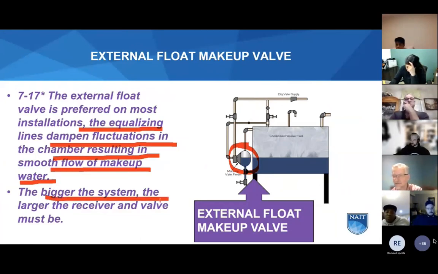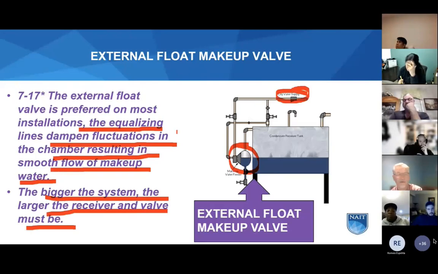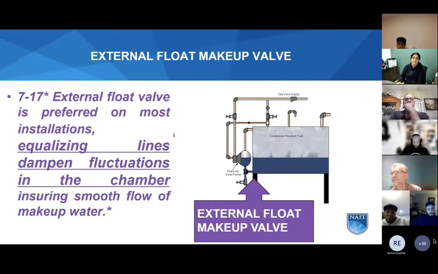And if it's a bigger system, we need a bigger tank, and we need a big enough valve to supply makeup water for normal operating, usually 100%. And then the external float valve is the preferred type because it has that smoother flow of makeup water.